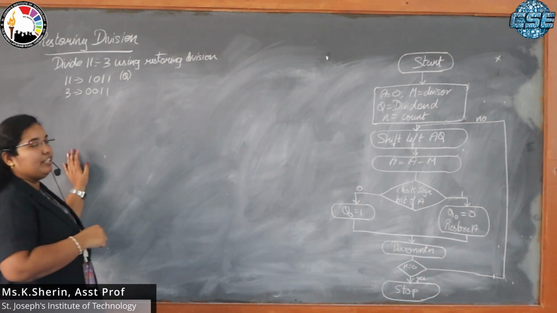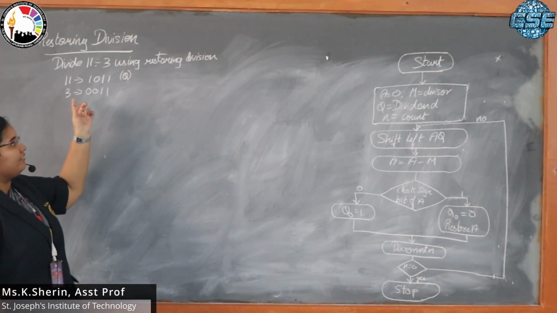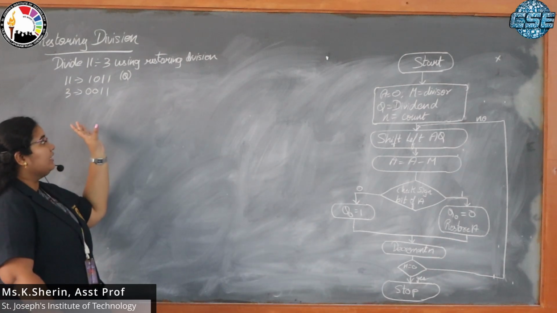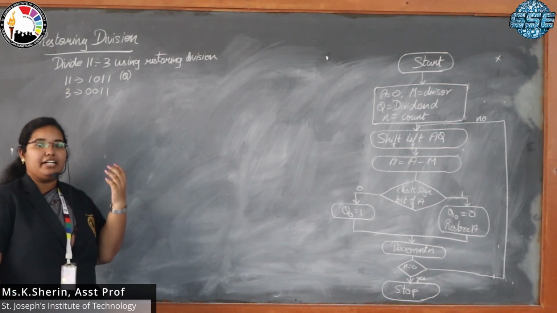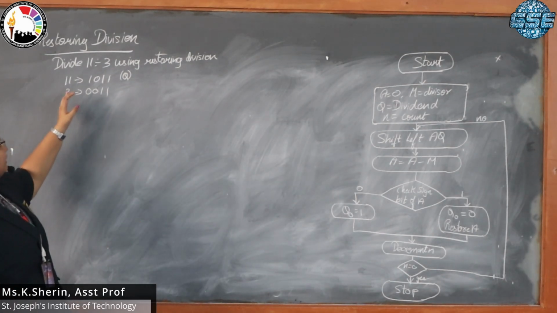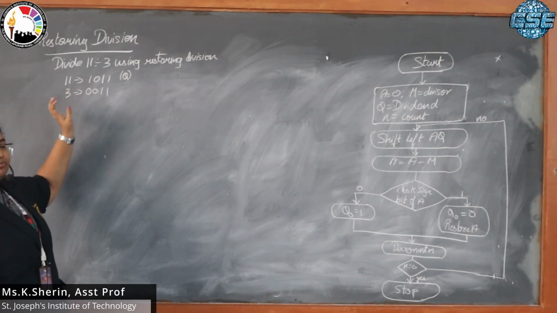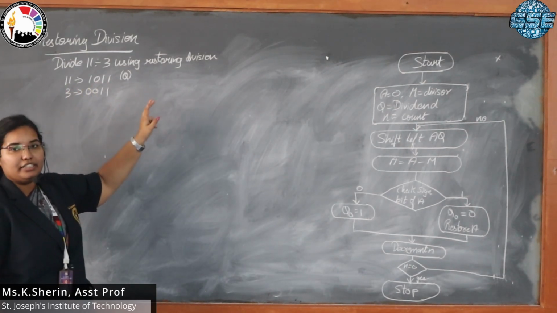So in this example part, I'm giving a simple example as 11 divided by 3 using the restoring division algorithm. While solving the division part, I'm going to handle binary numbers over here. So I'm declaring 11 as a binary number as well as 3 as a binary number. So here 11 is going to be 1011.